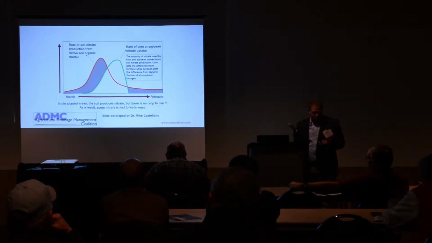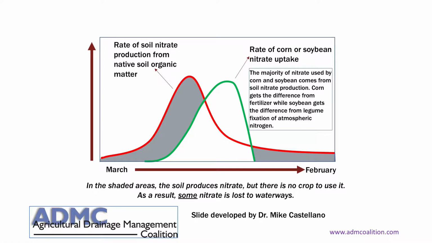And the reason for that is, if we look at this graph right here, developed by Dr. Mike Castellano at Iowa State University, this red line represents the organic nitrogen that gets produced from our soil, and the green line represents when our crop, corn or soybean systems, are using that nitrogen. So you can see those two peaks don't line up.